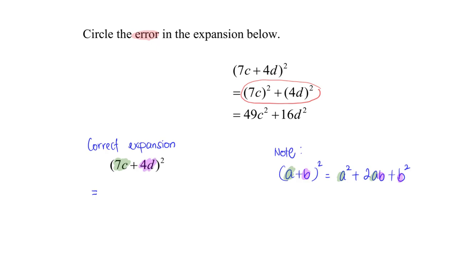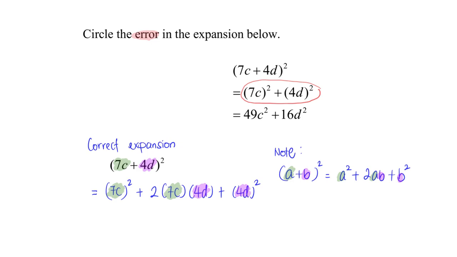So later on when you see, this is what Mr. Tan will do. I will have 7c square plus 2 times 7c times 4d plus my 4d square. Because 7c is my a, so a square, plus 2ab, where b now is my 4d, and b square.